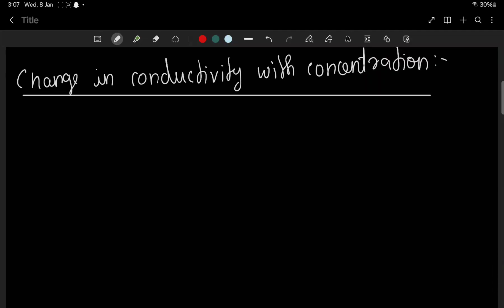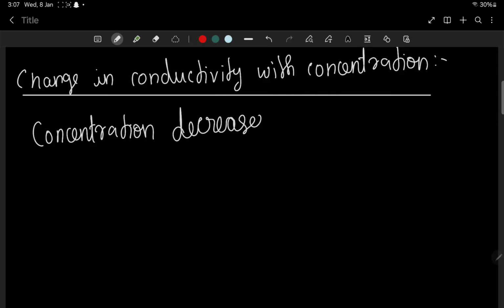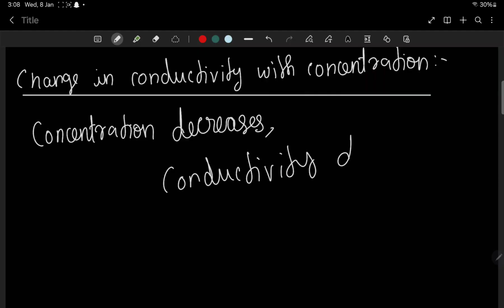Okay, let us resume. Change in conductivity with concentration. As concentration decreases, you know that conductivity decreases. Why?